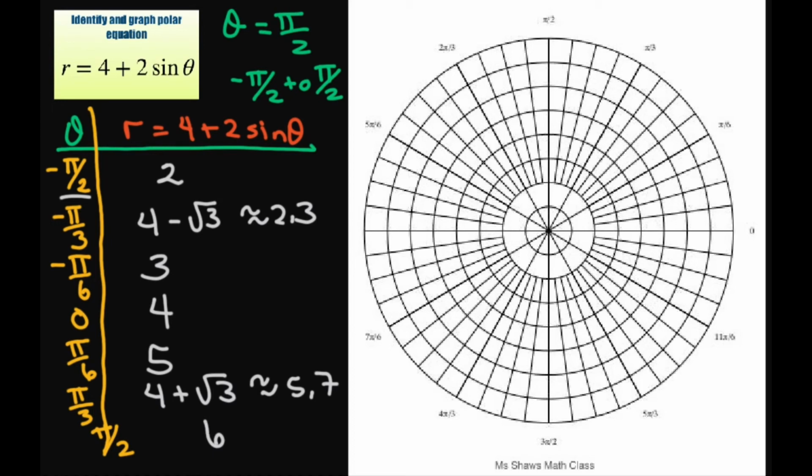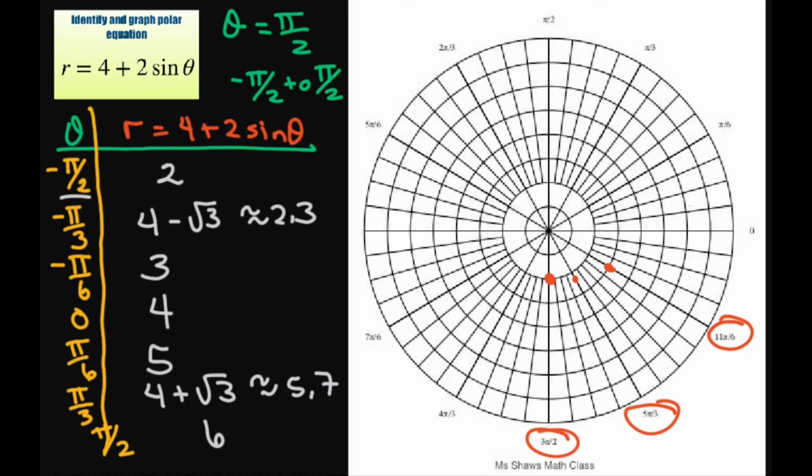So let's plot half of the graph and then use symmetry to plot the rest. At negative pi divided by 2, we're at 2, so we go out 2. At negative pi divided by 3, we go out 2.3, so just a little bit out here. At negative pi divided by 6, we're at 3, so we go out 1, 2, 3, right there.